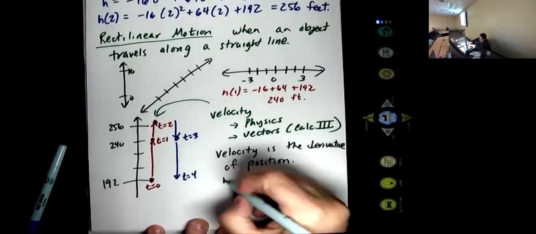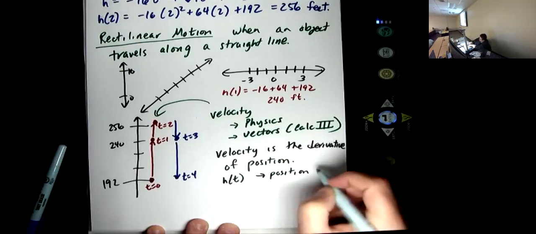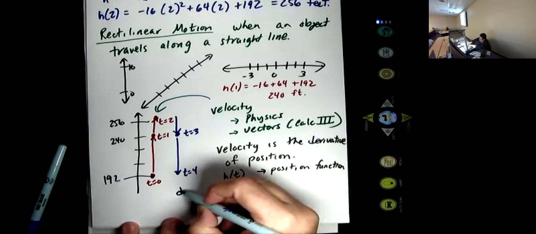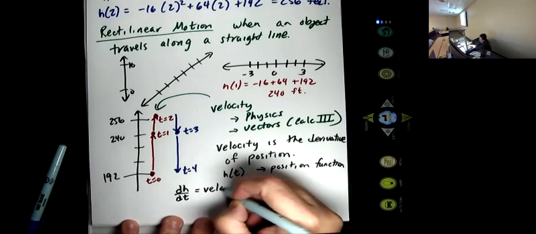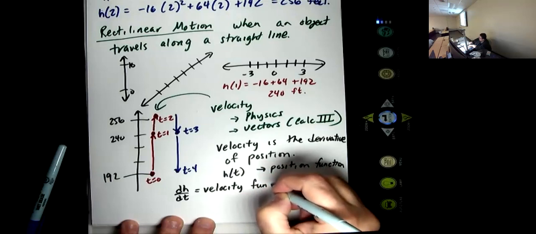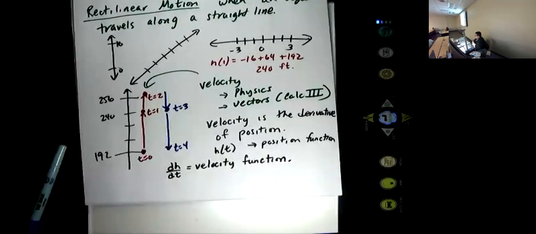So we had h of t was our position function, and thus dh dt is our velocity function. Now, velocity has a given direction.